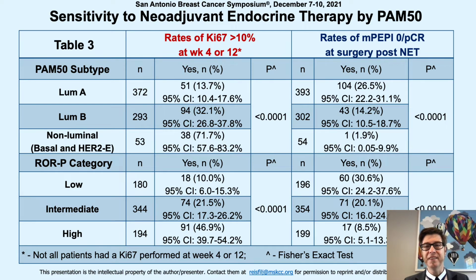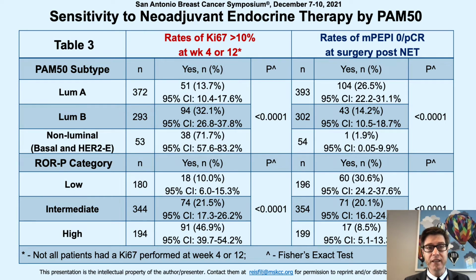The results of this excellent study are summarized on this slide, where we have here the rates of Ki67 greater than 10% at weeks 4 or 12, which is a marker of resistance to endocrine therapy, or the rates of mPEPI-0 or pCR at surgery post-neoadjuvant endocrine therapy that are a marker of endocrine therapy sensitivity.